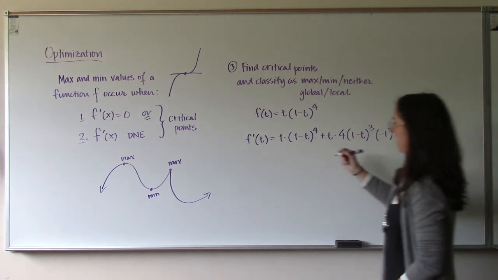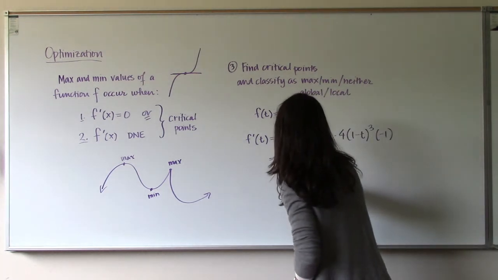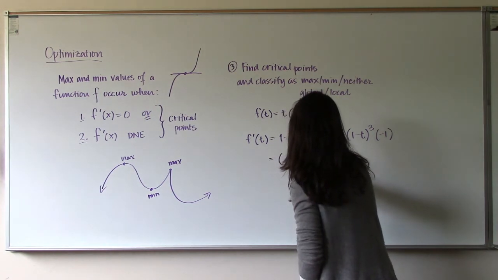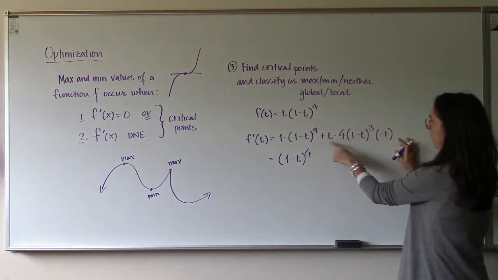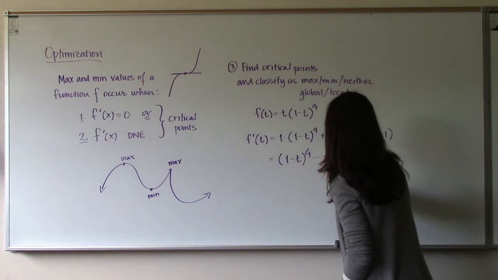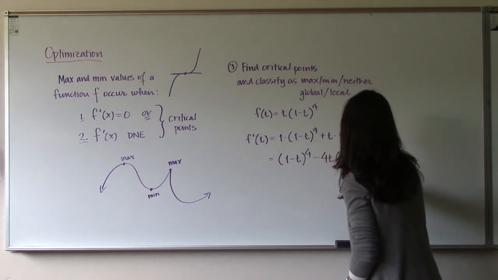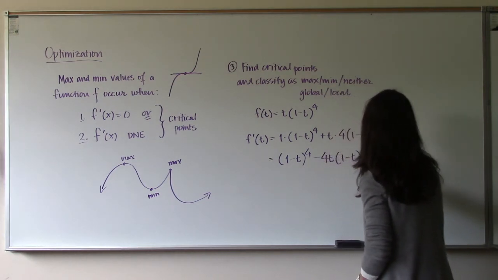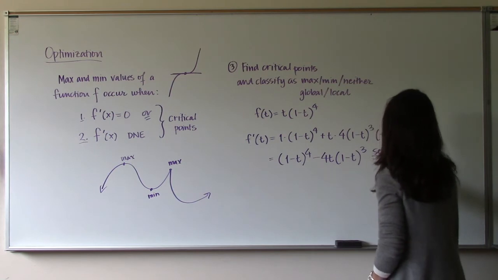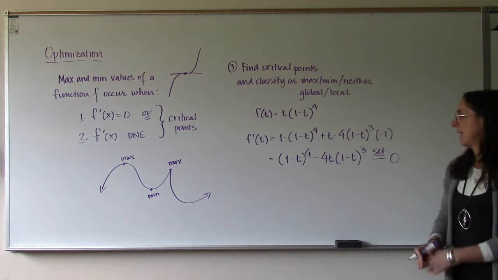Let's clean it up a little bit. So this will be minus 4t times (1 minus t) cubed. And set that equal to 0.